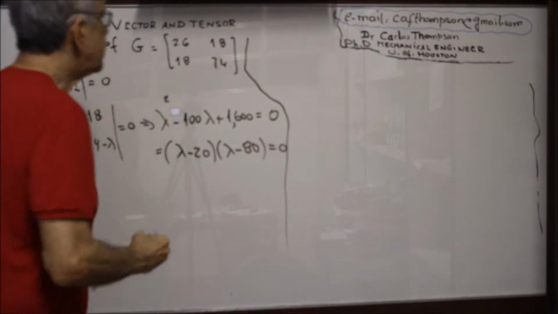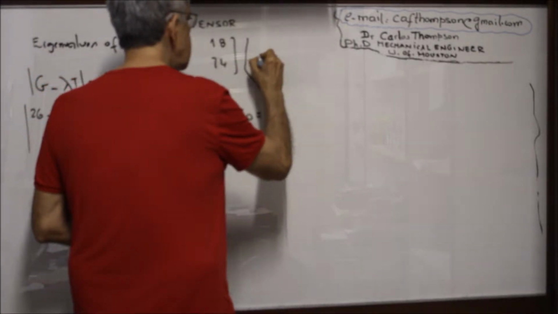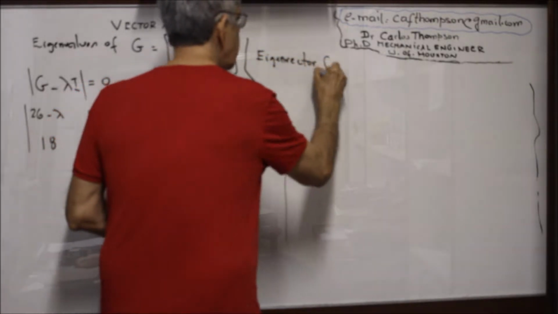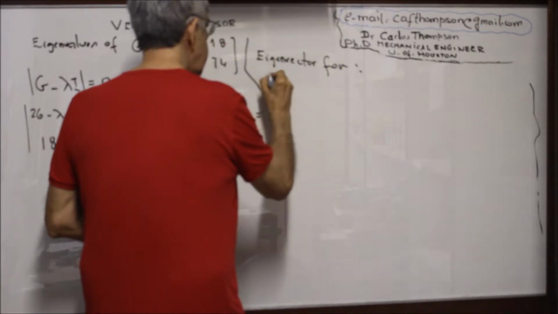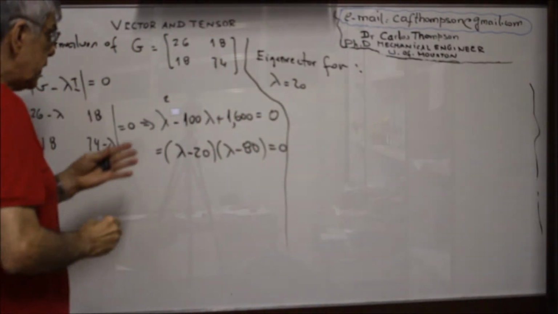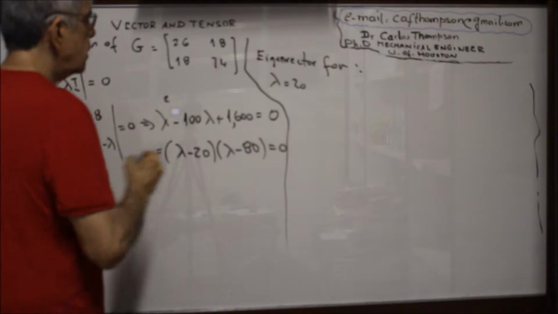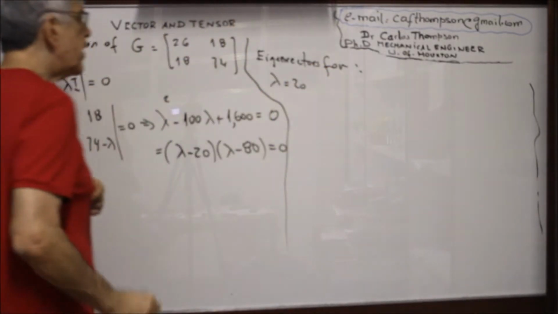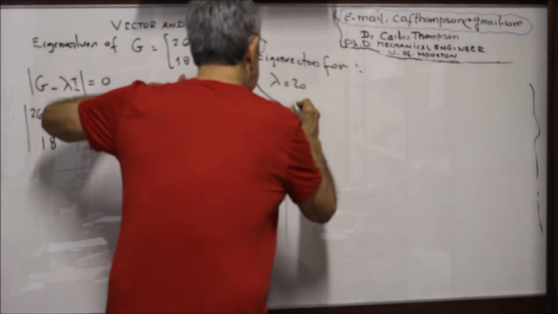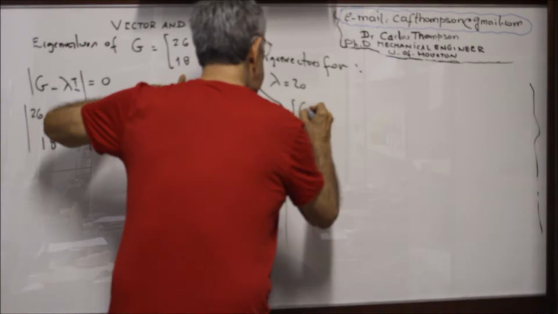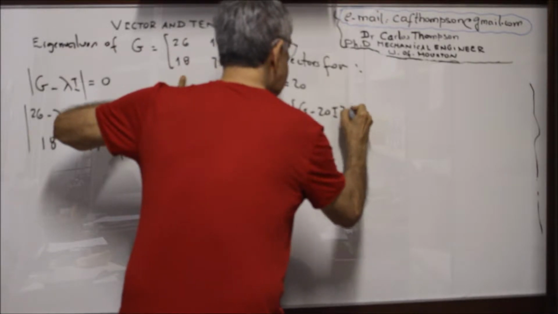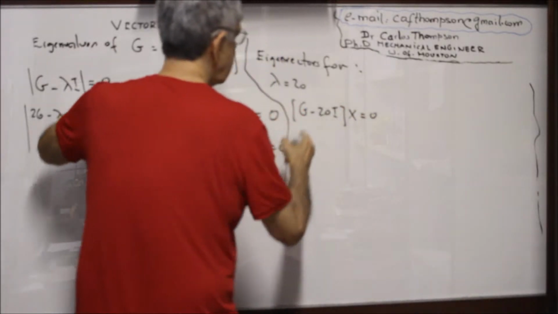Now, let's obtain the eigenvector for lambda equal to 20. How do we get the eigenvector? The matrix G minus 20I times x is equal to 0.